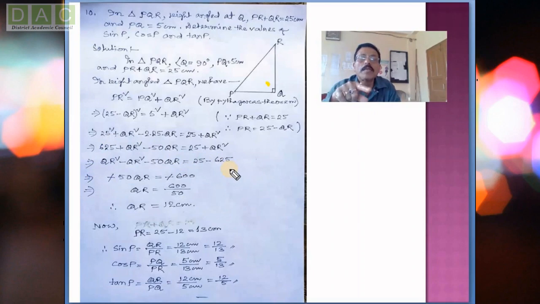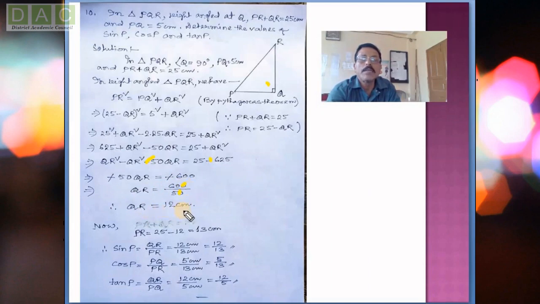Now you got what? On the right side you got minus 600 and on the left side you got minus 50 QR. Both the minus signs you can cancel. Now it is 50 QR and 600. Now QR equal to 600 by 50. Therefore QR equal to 12, because the zeros cancel, 5 twelves is 60.